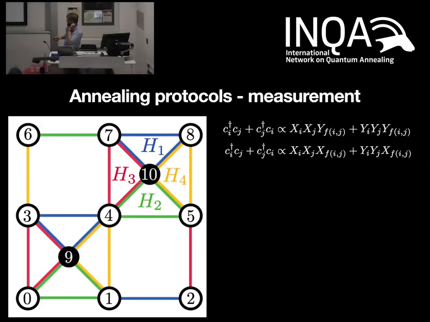Finally, the measurement protocol. Since our Hamiltonian is non-classical, we need to go beyond standard Z measurement. So in order to extract the expectation value, we need to measure in total 5 Hamiltonians: 4 non-trivial Hamiltonians, and all Z's.